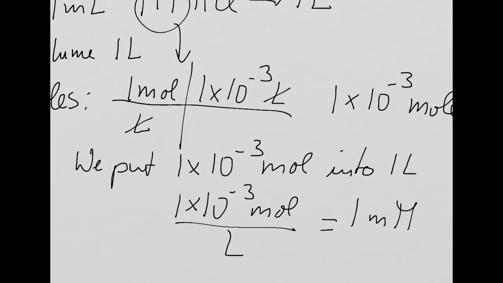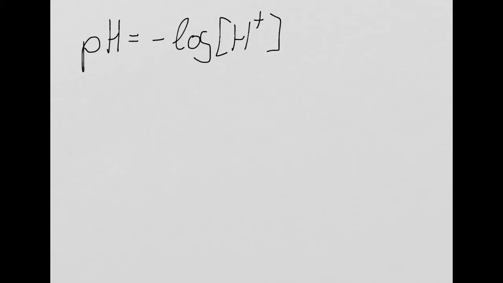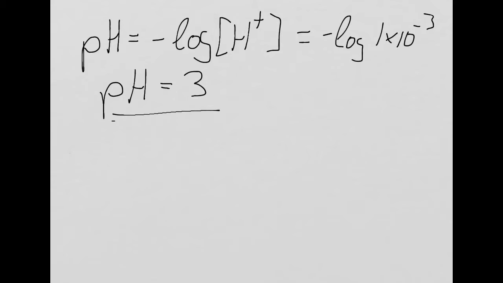Can we calculate the pH of that now? So how do we do that? We just simply say pH equals minus log of our proton concentration. We said minus log of 1 times 10 to the minus 3. So the pH would be? Absolutely right. pH equals 3.